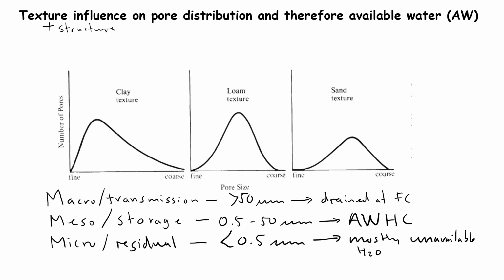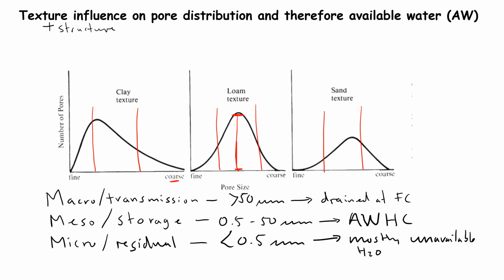And so what we can see is that different textures have a different distribution of these. We have fine and coarse pores, and here's where our mesopores are, in the middle. What we can see is that the distribution of mesopores is highest here in the loam soil, and that's where the available water is.